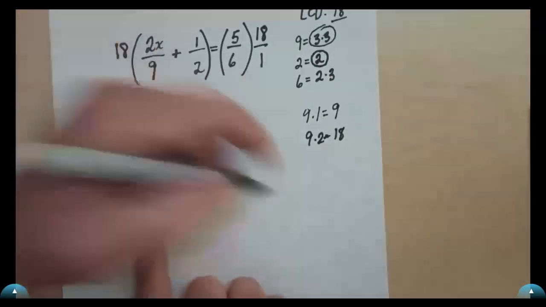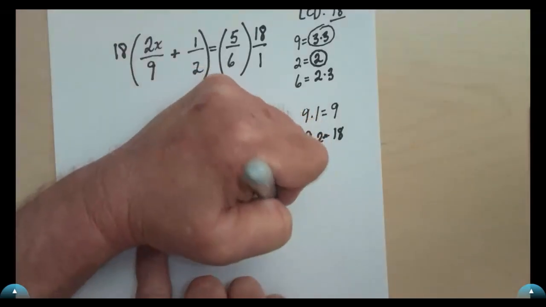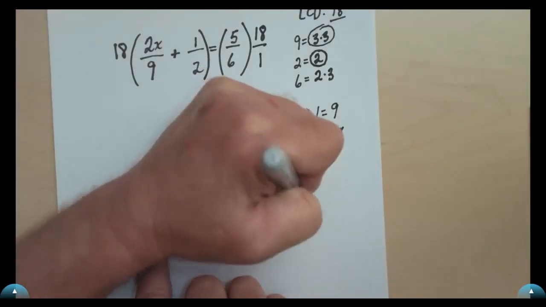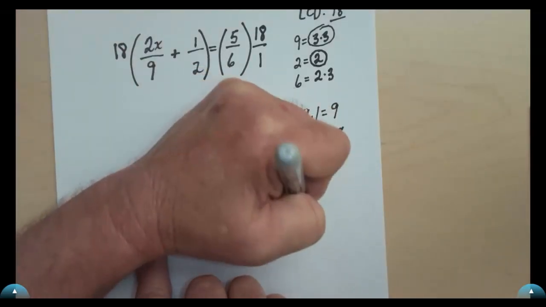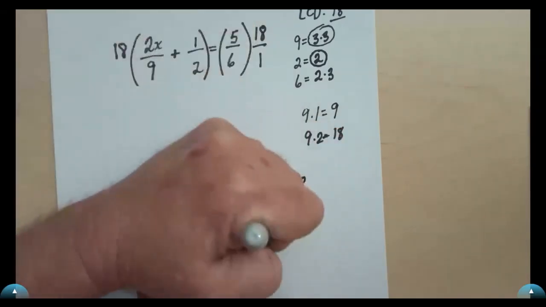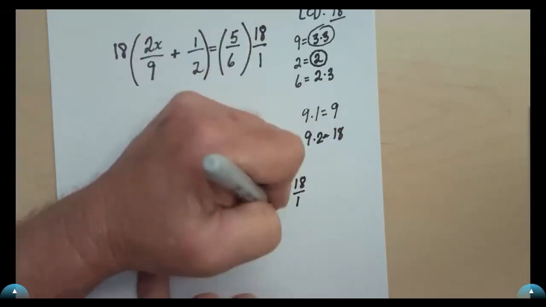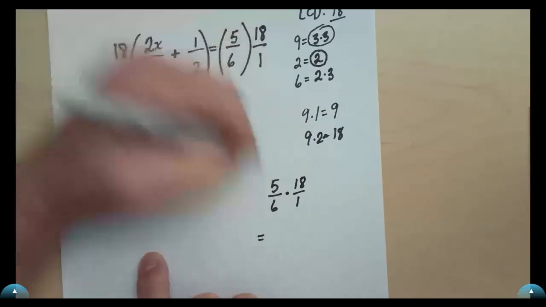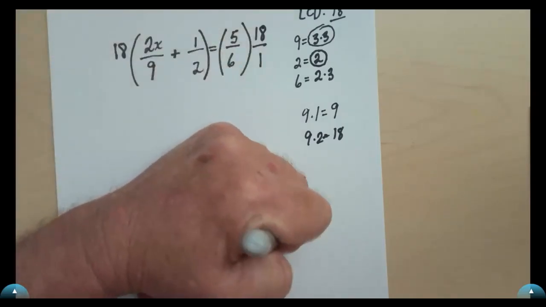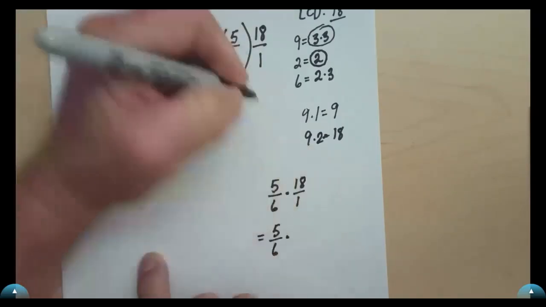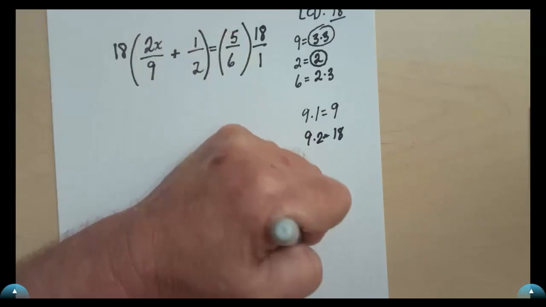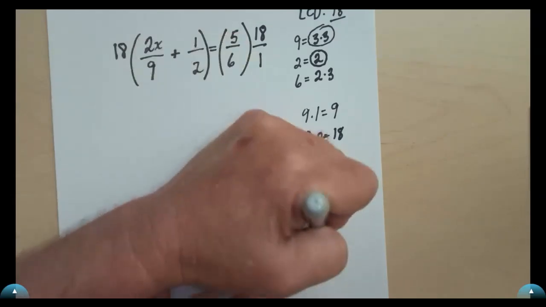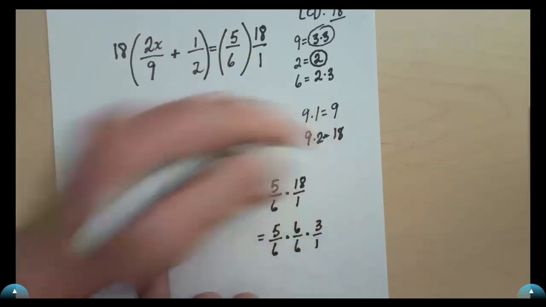So where we've got 5 over 6 times 18 over 1, does everybody agree that 5 over 6 times 18 over 1 is the same thing as 5 over 6 times 6 over 6 times 3 over 1?